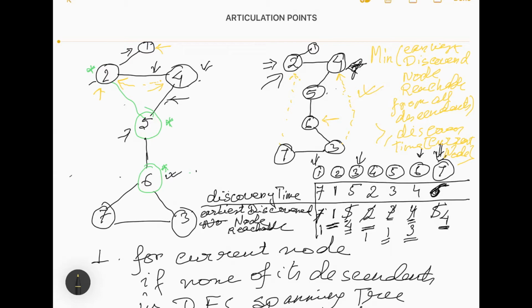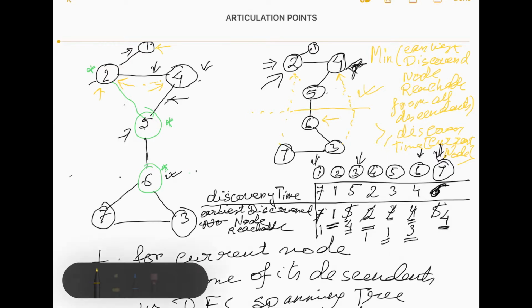So if this holds true, that means that none of the descendants of the current node has any back edge that connects them back to a node that is discovered before the current node.